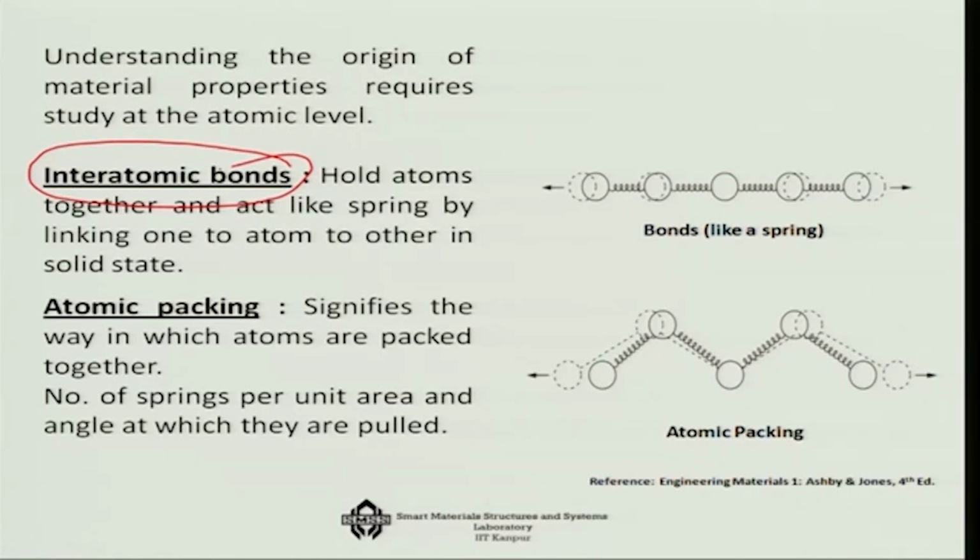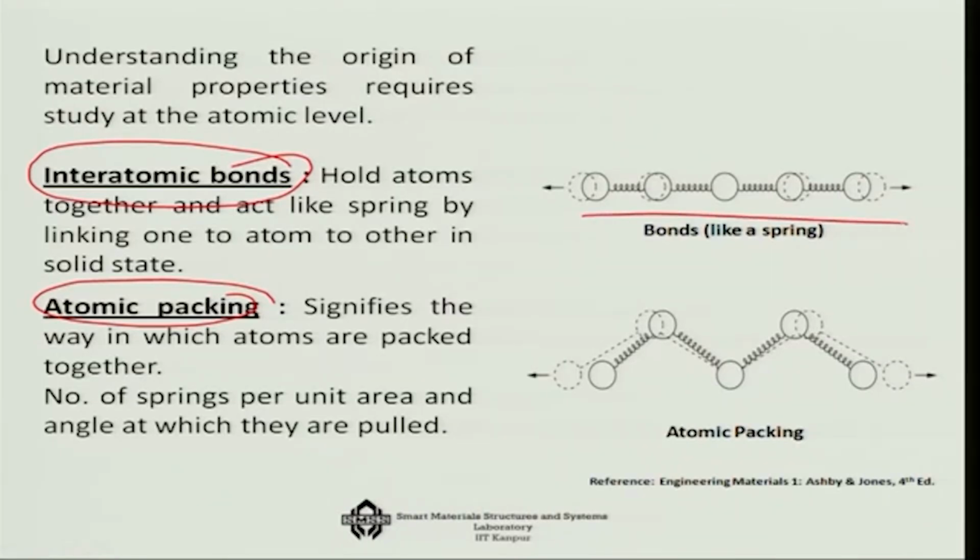And then the other issue is the atomic packing. This signifies the way in which the atoms are packed together, because okay, fine, there are these atoms which are bonded or hold together with the help of some kind of a spring, let us think of it. But these springs, we need not think, are just unidirectional in nature.